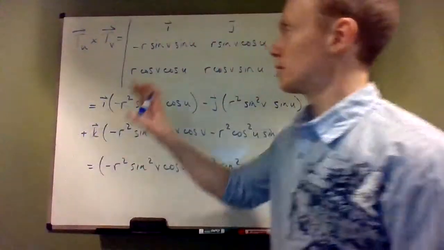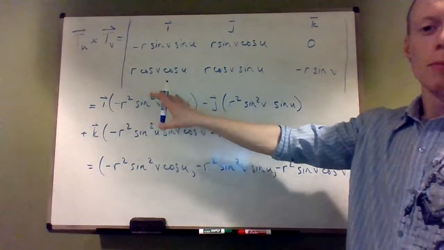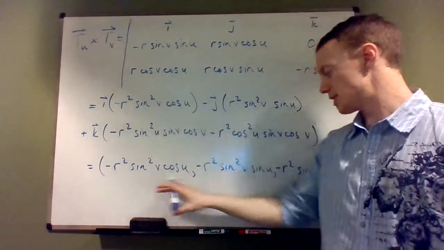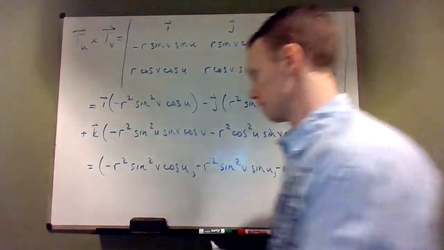We have the cross product of these things that we need, but now we also have to take the norm of this cross product. We have to take the norm of this vector.